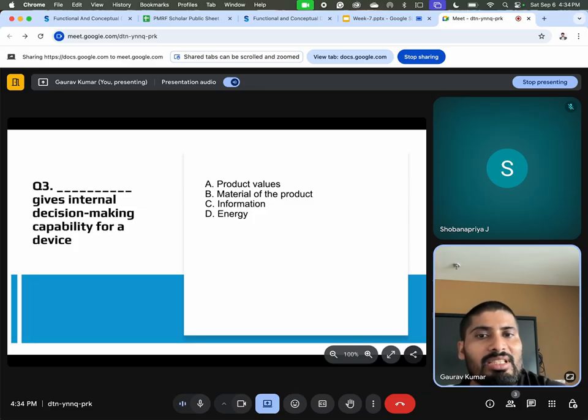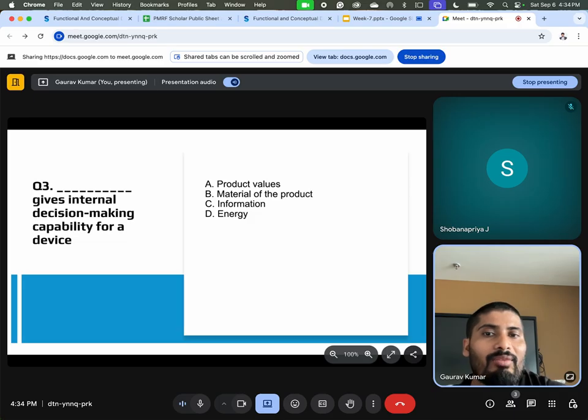Without information, the printer cannot decide when to start, stop, or change its behavior. In contrast, energy provides the power to operate, and materials represent the physical items being transformed. Both are essential but passive, so they do not allow the system to choose or adapt.